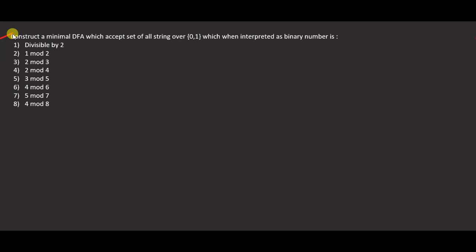So our question would be of the form R mod n. Here we will take a look at the value of n. If n is odd, the number of states would be n. If n is even, there would be two cases.